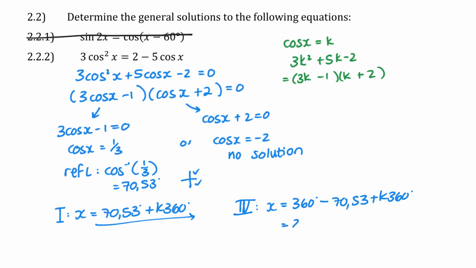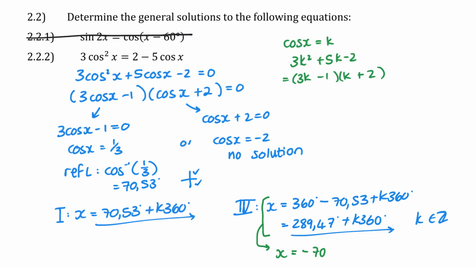And that gives me 289.47 plus a repeat of 360. And k is an integer. Just remember what I said in the previous question. Another way to write the fourth quadrant solution would be to say x is equal to -70.53 plus a repeat of 360. So either of those two solutions for the fourth quadrant will be valid.